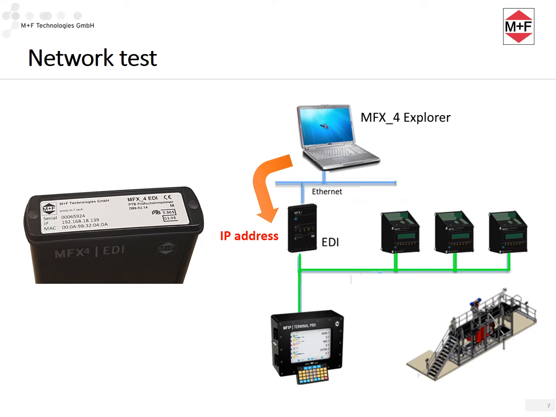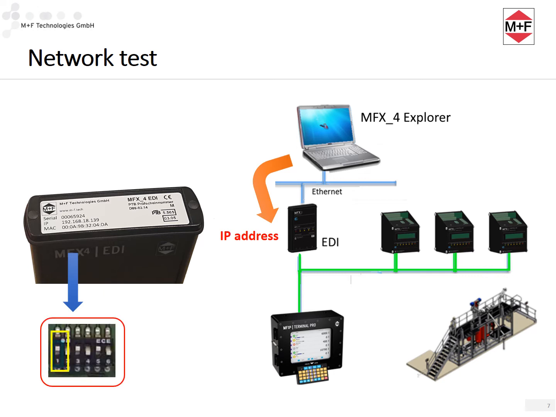For this you have to open the housing of the EDI and set the first switch on the board to on. This forces the IP address of the EDI to a default value. This default value is 192.168.1.240. I have to remember this IP address for the next installation steps.